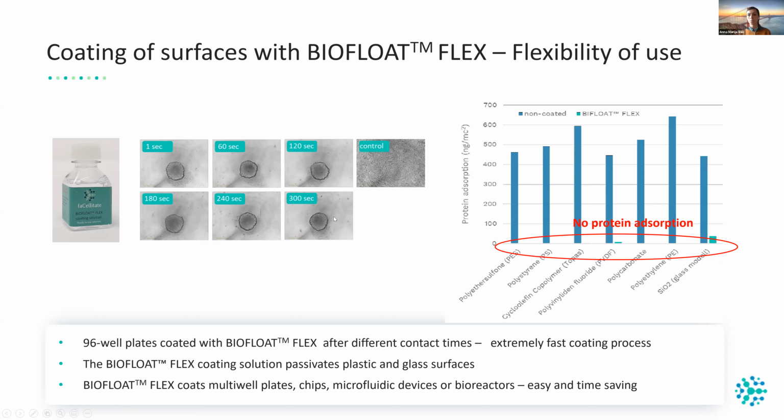Afterwards, we seeded the cells into the wells, and you can see that after 300 seconds of treatment of the surface, the cells are able to form a spheroid, and also after 1 second of treatment, the cells are still able to form a nice round-shaped spheroid.